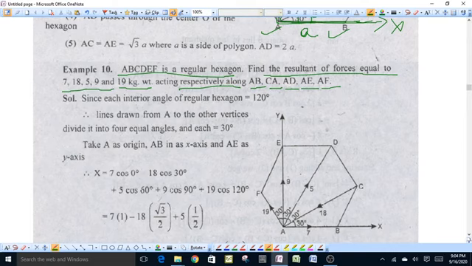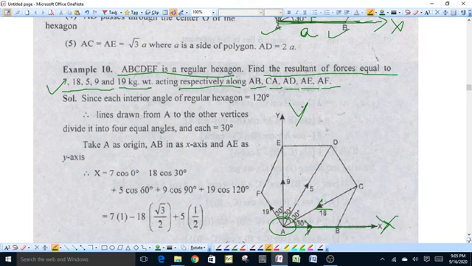We take AB as x-axis and AE as y-axis. We take A as origin. Now force equal to 7 along AB, 18 along CA.